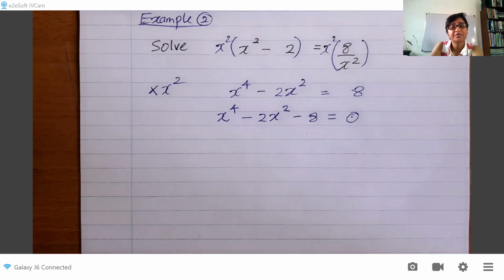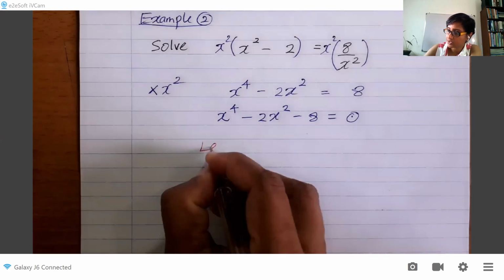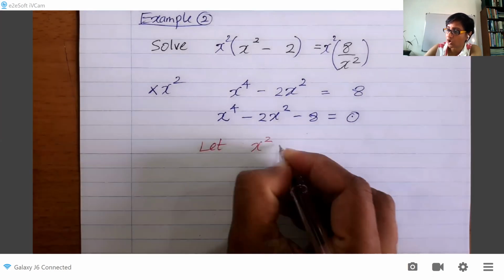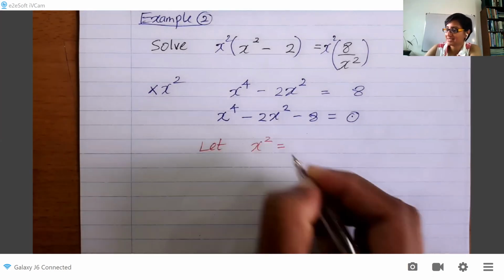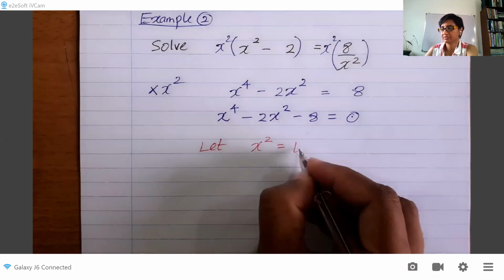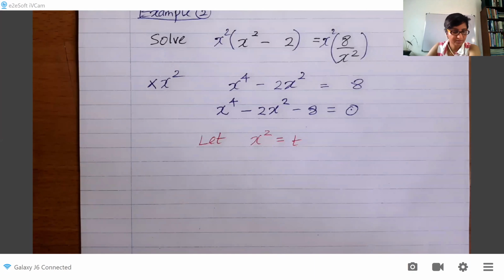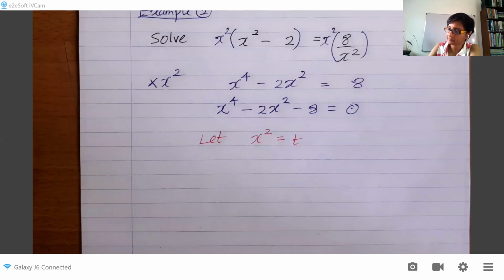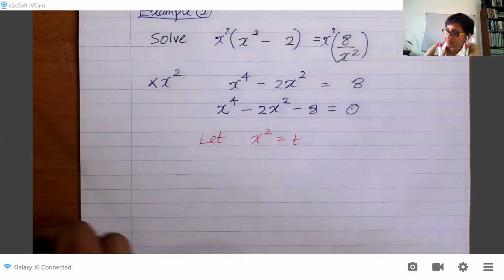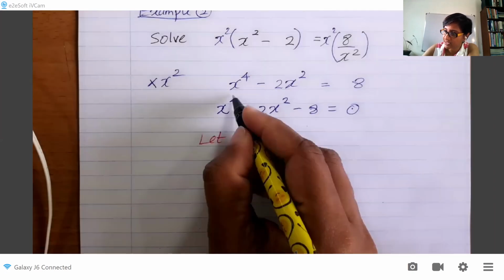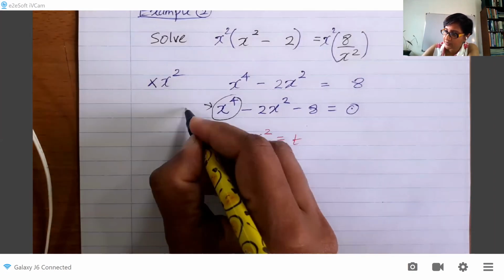Let x to the power of 2 be called, shall we use t? Just for fun, change the letter. So this would become what? You have to see it, this is x squared squared.